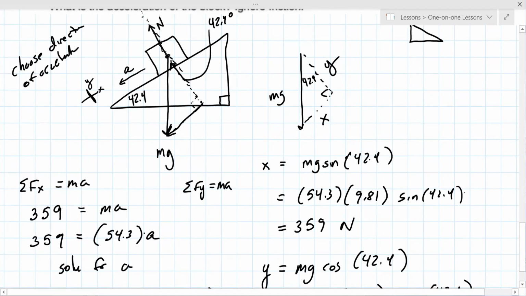No. It's only moving in the direction of acceleration. So the mass times acceleration is 0. Doing anything in the y direction doesn't help you find acceleration because there's nothing going on in the y direction. It's only moving in the x direction, and the x direction is along the incline.